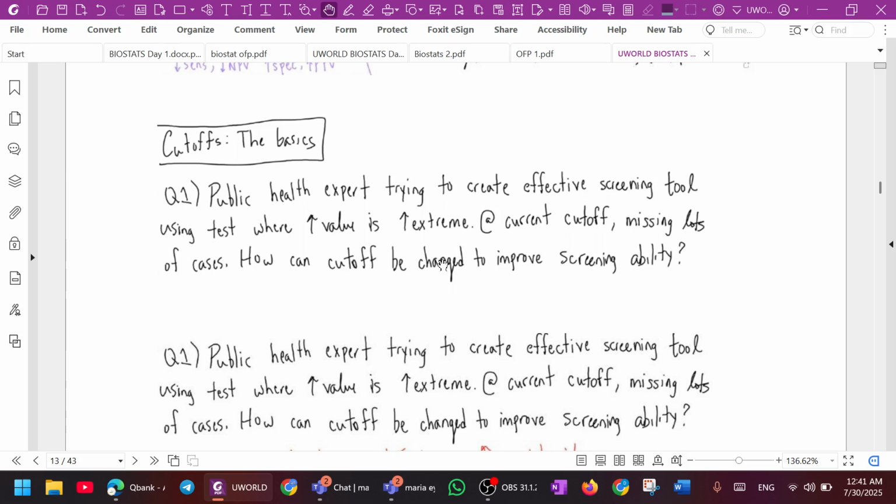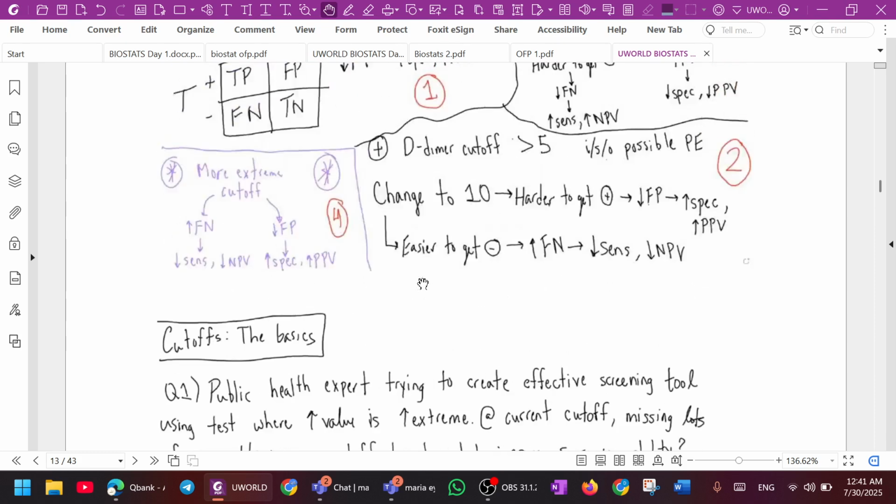How can the cutoff be changed to improve the screening ability?